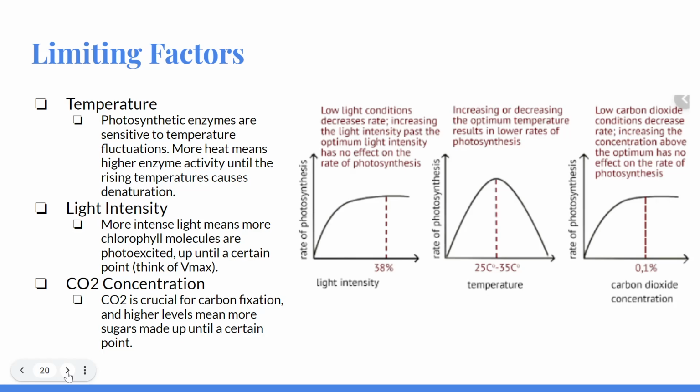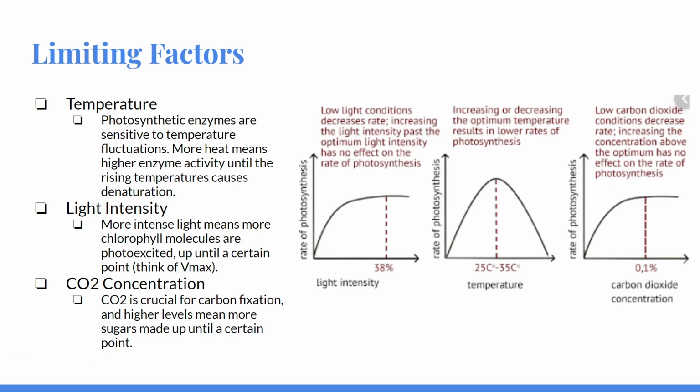Light intensity, the more light there is, the more photons that they can use for energy. Those photons will photo-excite molecules in the cell, and they can use those molecules to provide energy for them. And it's up to a certain point, because the light harvesting complexes are going to be all busy.